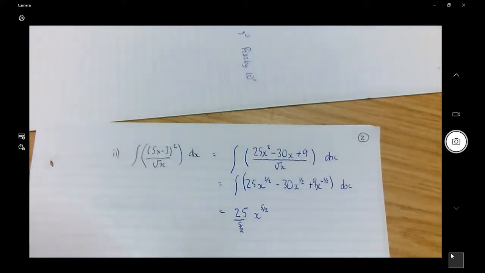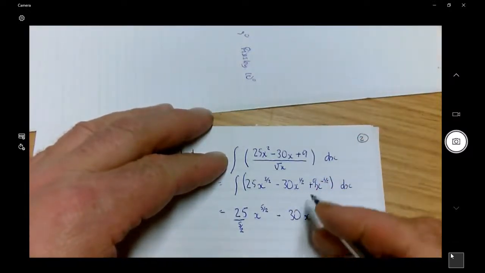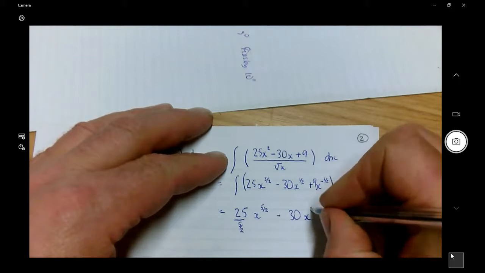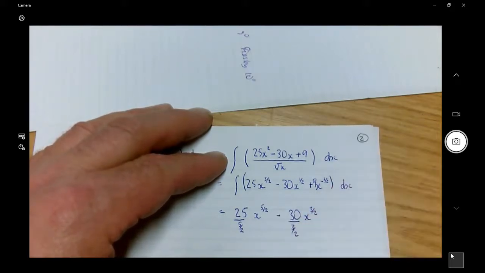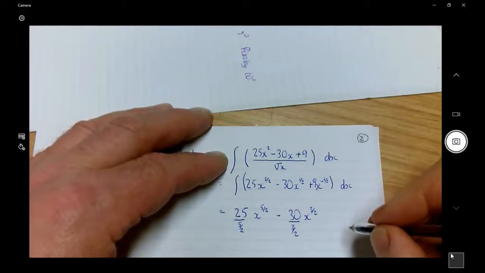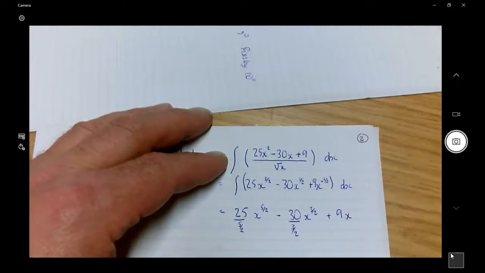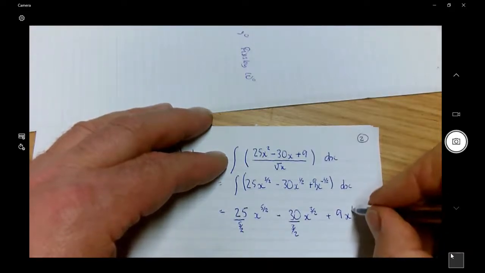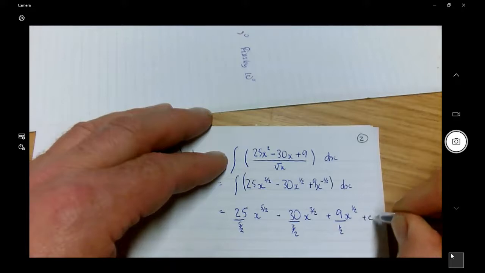Yeah? Minus 30x, increase the power by 1, it's 3 over 2, and divide by 3 over 2. Plus 9x, now minus a half plus 1 is plus a half, and divide that by a half plus c.